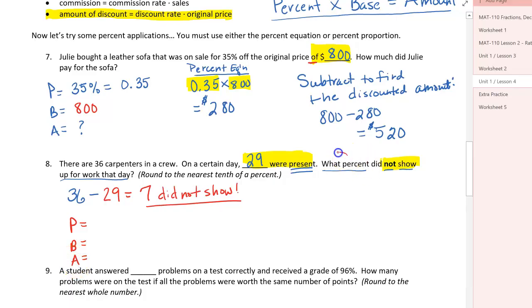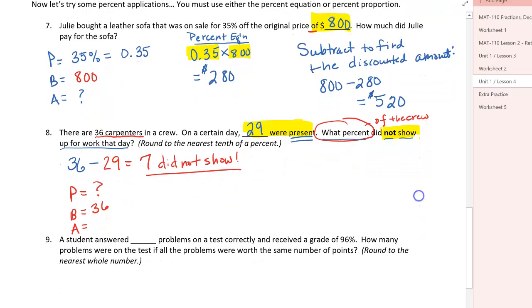So in this case, we're asked to find what percent. So that is the unknown. Now remember, the base is the whole amount, or what we're taking the percentage of. And they really kind of left that out of this question. But what they want to know is what percent of the crew did not show. And the crew is 36 carpenters. So that's our base. And the amount is the number that didn't show, which we found to be 7.